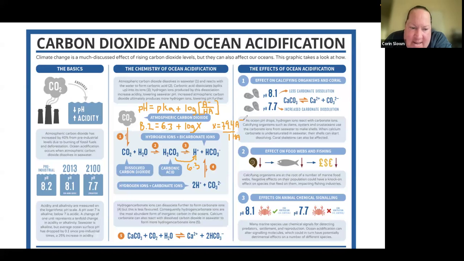Okay, so let's see what that value is if we change it from 8.2 to 8.1. Same calculation. So now it would just be 10 to the 1.8.